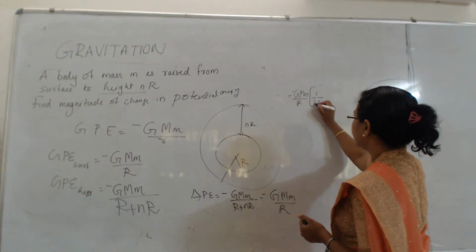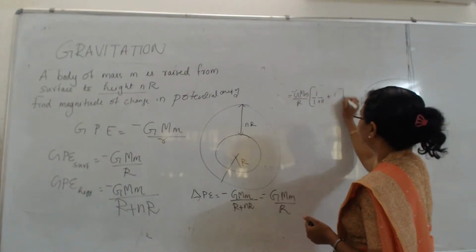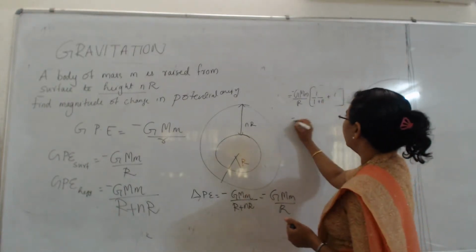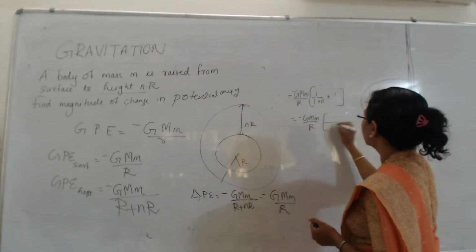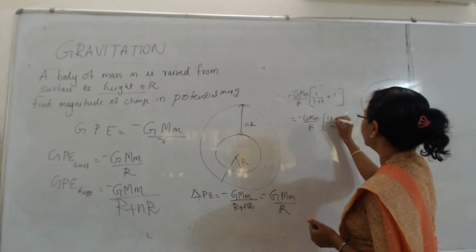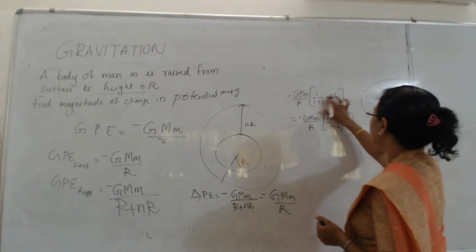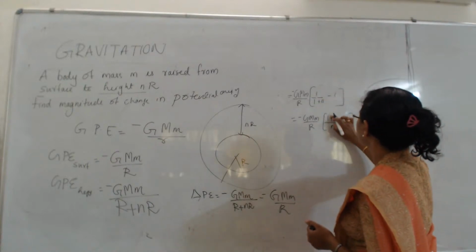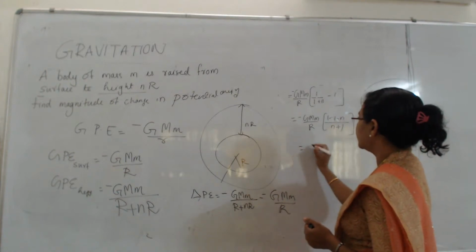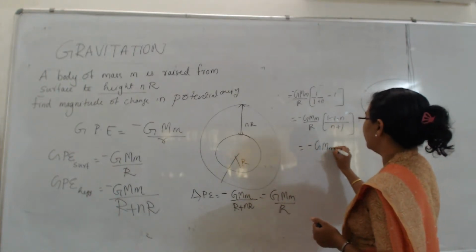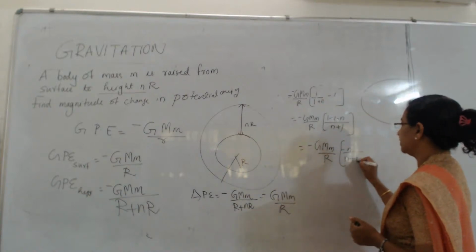So we can write it as 1 by 1 plus n minus 1, so minus GMm by R into, the 1 cancels, minus n by n plus 1.